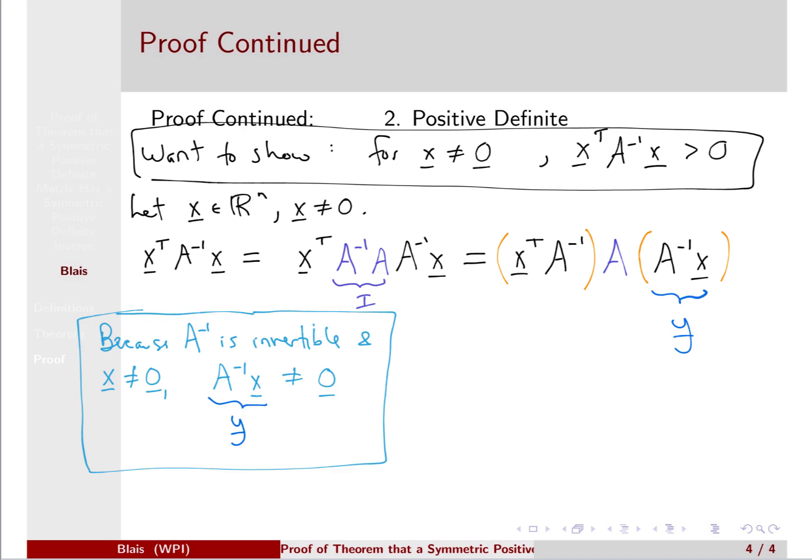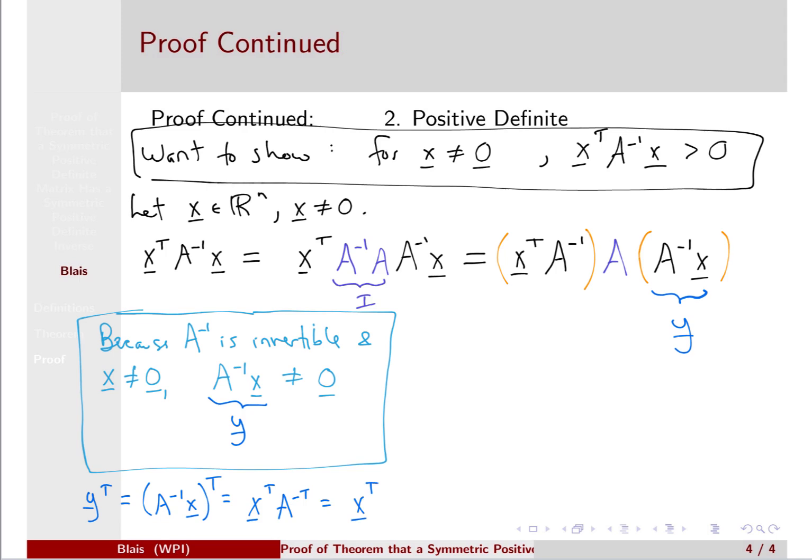Now, let's also notice what happens if we take y transpose. So y transpose is the transpose of the product A inverse x. And recall, the way we distribute the transpose to this product is we take both transposes and reverse the order. And so we get x transpose A inverse transpose. But recall, from the previous part of the theorem, A inverse is symmetric.